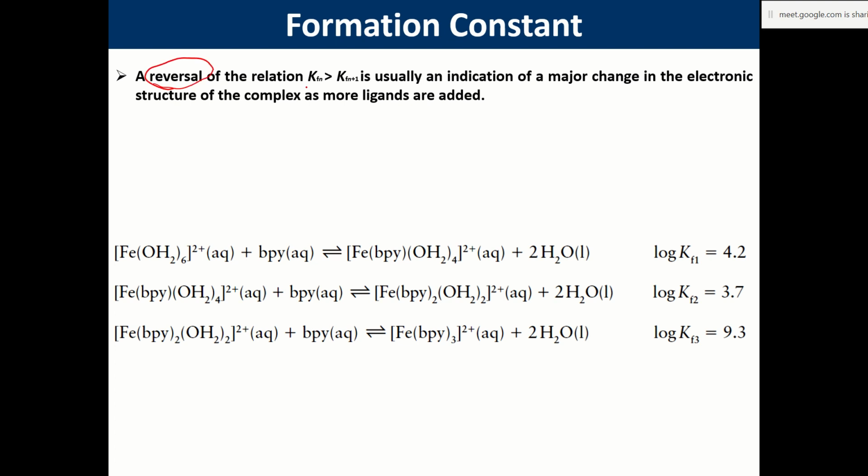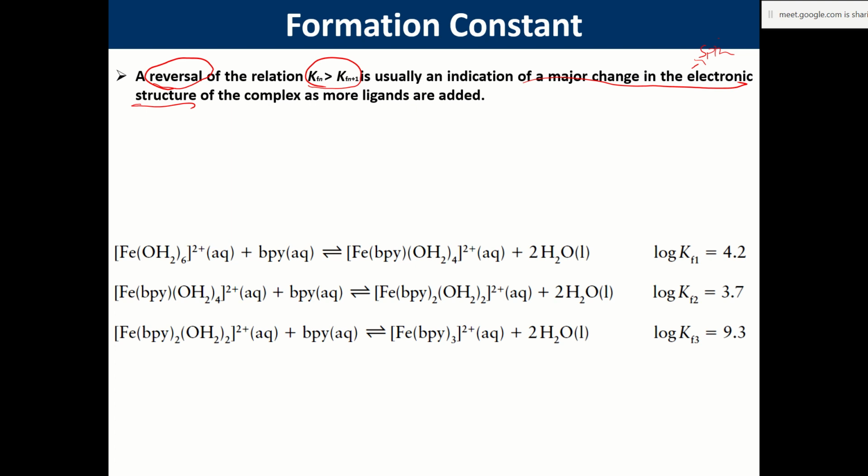A reversal of this trend of Kf_n is usually an indication of a major change in the electronic structure. Electronic structure here means spin orientations and/or the geometry of the molecule is changing.